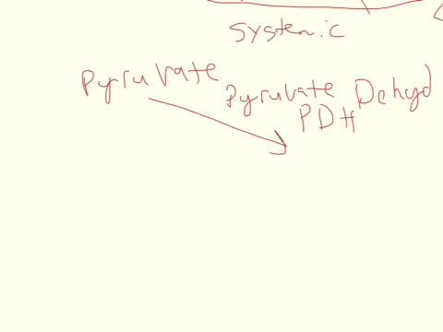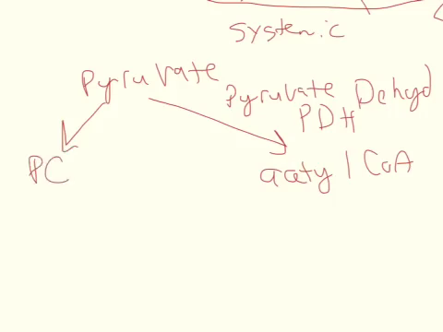Pyruvate dehydrogenase and PDH are synonymous, and that turns it into acetyl-CoA. And the other thing that can happen is it can be acted on by pyruvate carboxylase, so PC. Actually, that should have been drawn right here. So this would be PC. This is the enzyme, and that turns it into oxaloacetate.